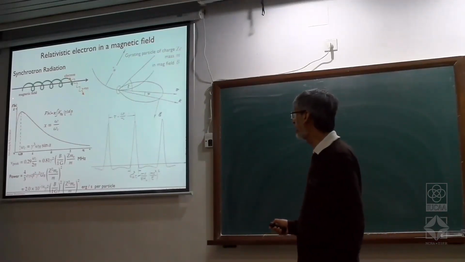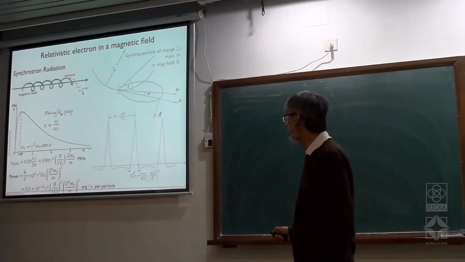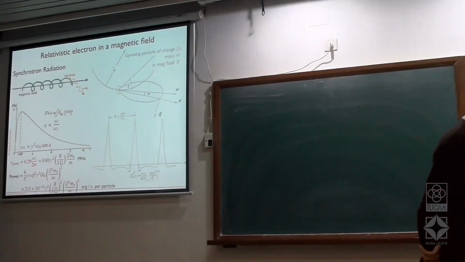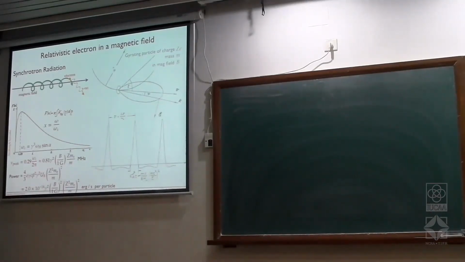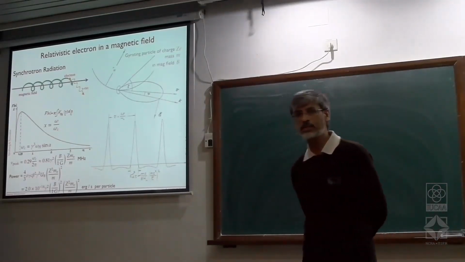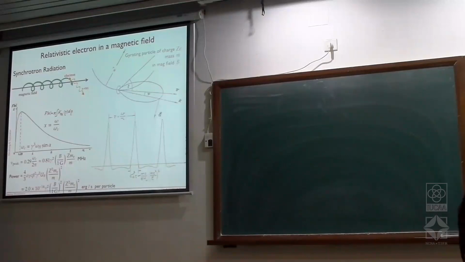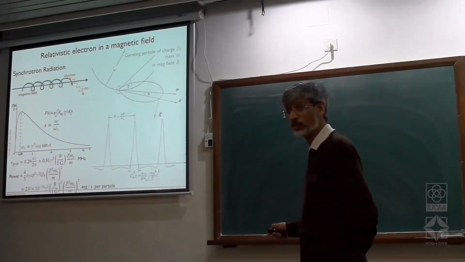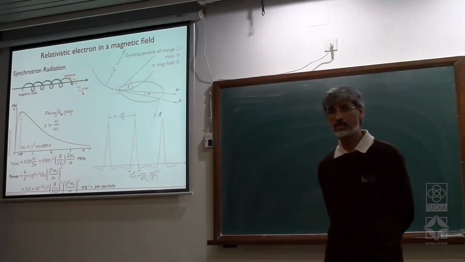The shape of the envelope peaks at a value which is not omega c by 2 pi, but 0.29 omega c by 2 pi. So that's the reason why the peak gets reduced somewhat. In the non-relativistic case, it is 3 megahertz per Gauss. In the synchrotron case, it is 0.8 gamma squared megahertz per Gauss. But this is to be applied only when gamma is much larger than 1.